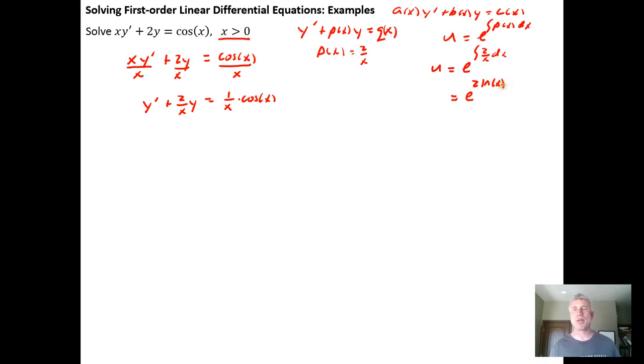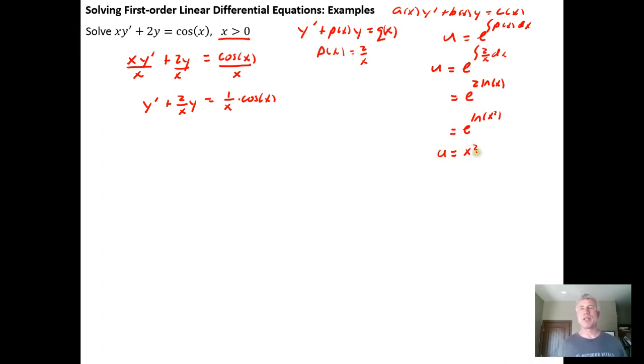So you don't need to worry about the absolute value. And then what we want to recognize is that by log properties, this can be rewritten as e to the natural log of x squared. And e to the natural log of x squared, because e and log base e are inverse functions, we just get x squared out of this. So this is our integrating factor u.